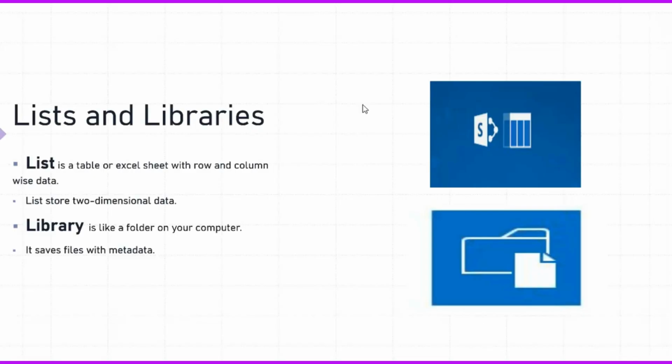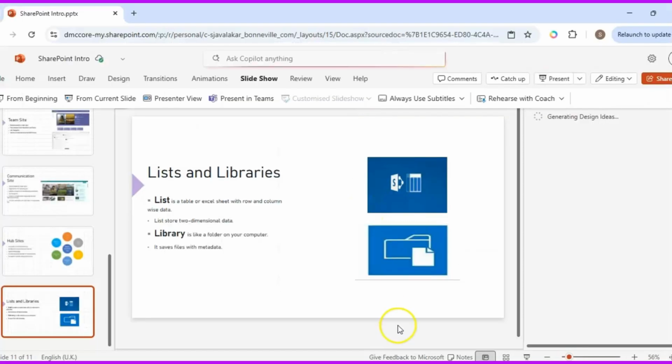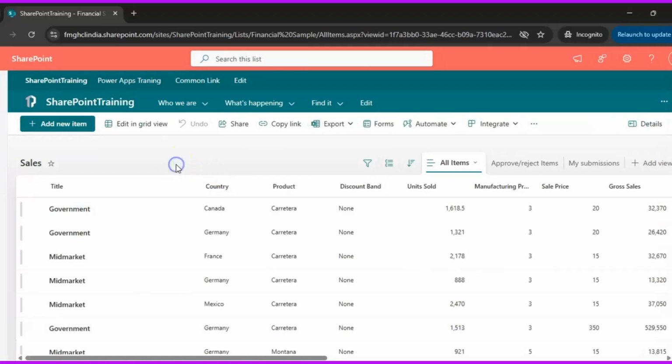Let's understand the list in detail. So this is one of the lists which is sales, and as I said, this is two-dimensional, right? The column says the column names and the row says what the data is about.